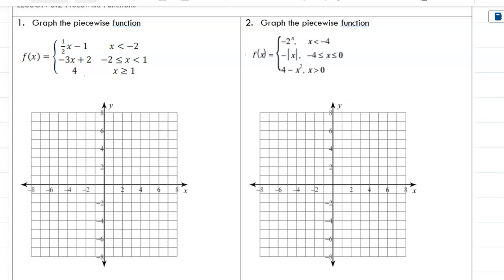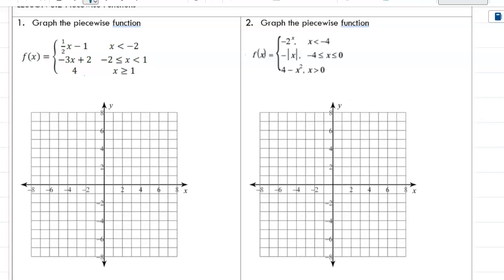So we see that the function has three different parts, or it's made up of three different equations. I see two linear functions and, well, all linear. One has a slope of 0.